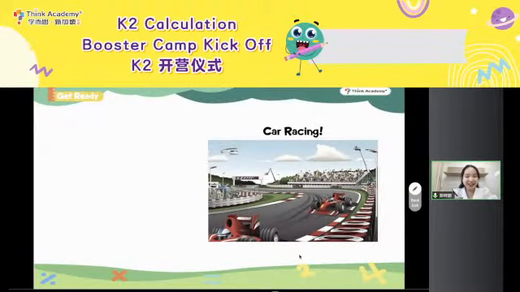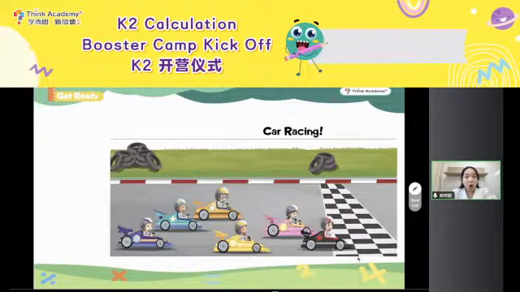Wow, this is a car race. Have you seen a car race before? Maybe yes, maybe no, maybe on television. During a car race, we have all these drivers, and they come in an order.